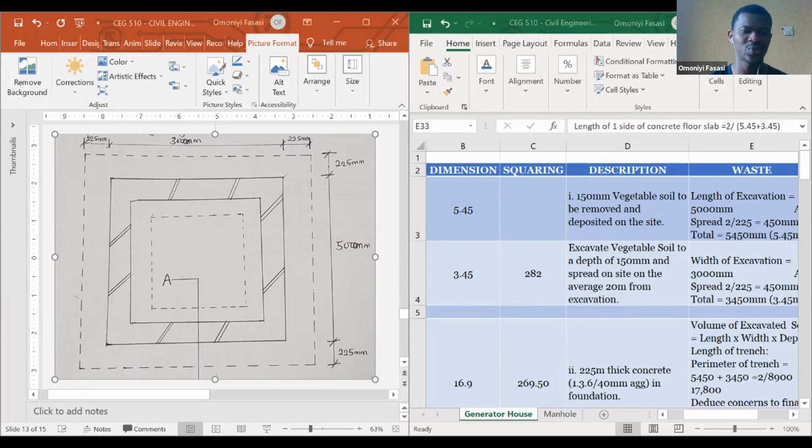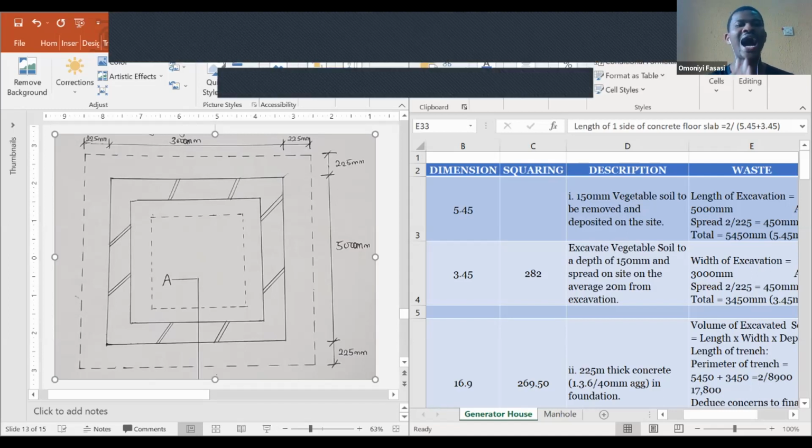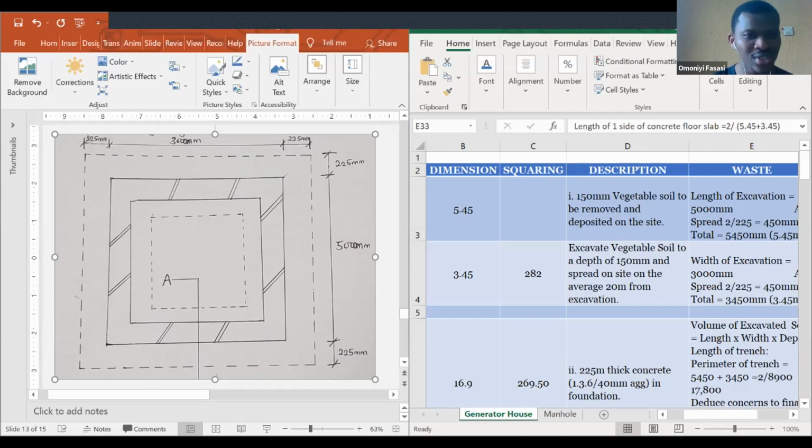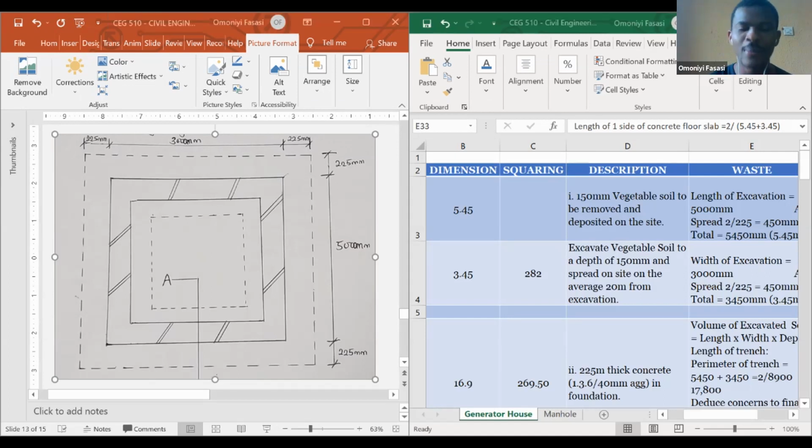You can't just construct within a small area and expect it to be accurate. So the space we are using, based on the dimension the engineer was able to give us, is 225. We need an extra 225 on both ends. That is why I will be clearing the length of 5,000 plus 225 plus 225, while my width will be 3,000 plus 225 plus 225. I guess we are fine now.